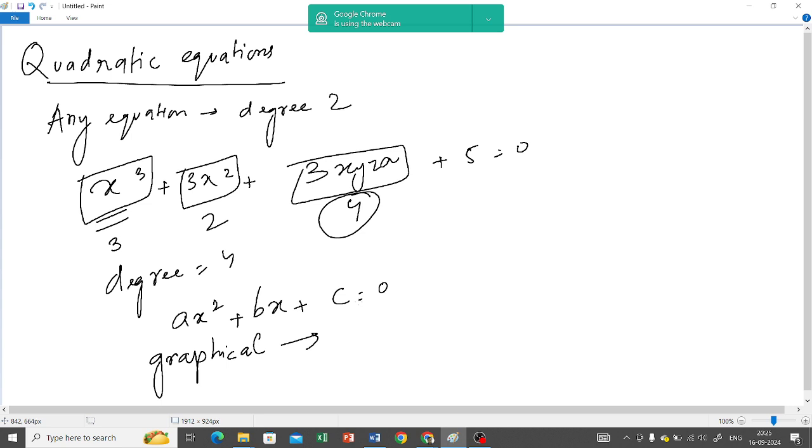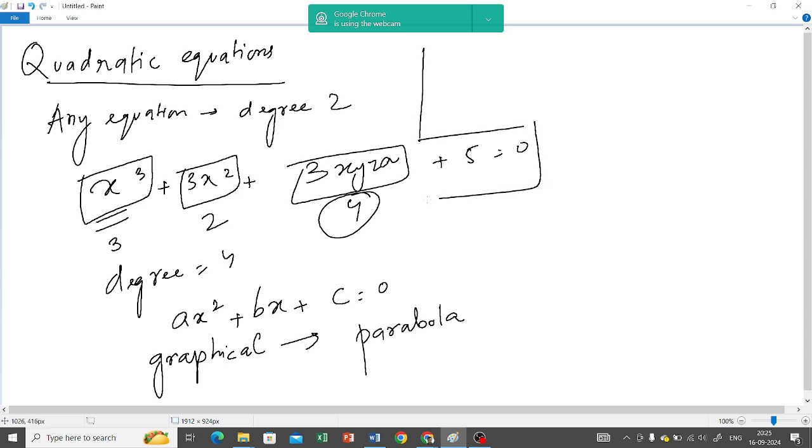Because it's a straight line. What is the graphical representation of quadratic equation? It is a parabola. The graphical representation of quadratic equation is parabola.